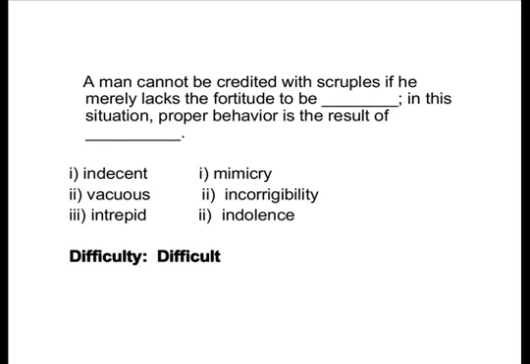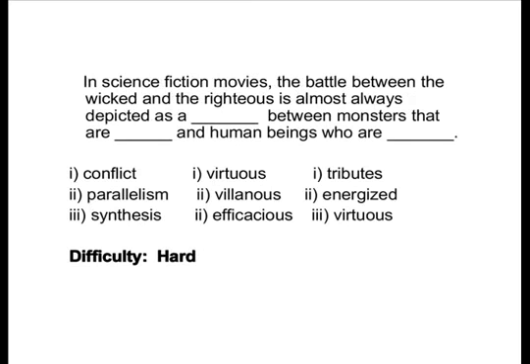Incorrigibility, which means someone that is difficult to lead, intractable, no. Indolence, which means lazy, someone that doesn't put the effort in, makes sense. The person doesn't have the gumption, the attitude, or the energy to be indecent. Whether or not you agree with the value of the statements, it doesn't matter. The flow tells us the answers.